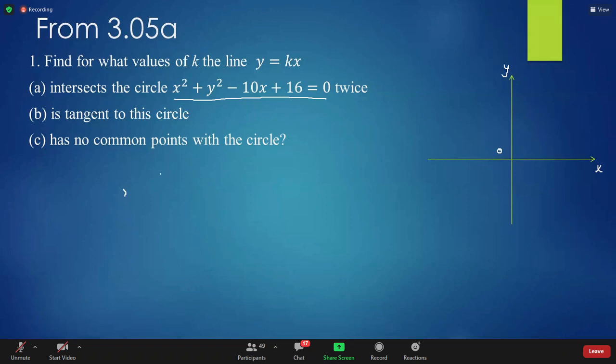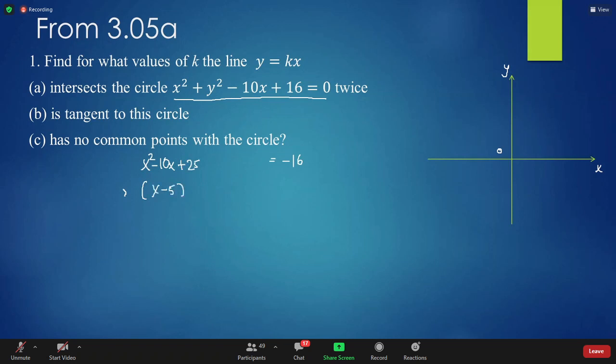So we will have x squared minus 10x plus 16. Let's move 16 to the other side already. To complete the square, we need to add 25, because that way we will have x minus 5 squared.